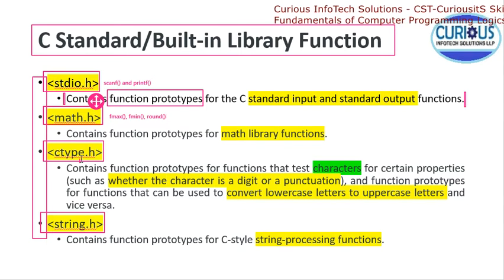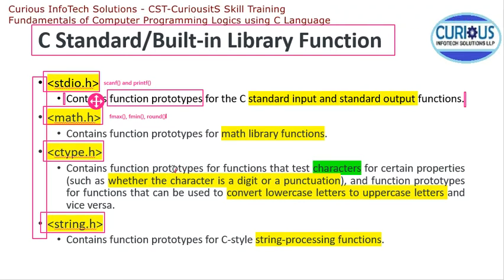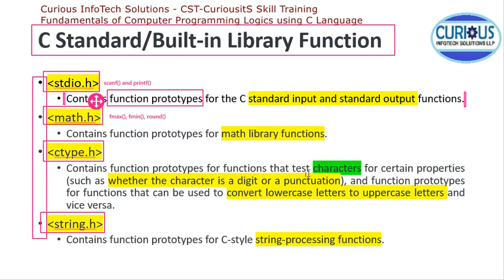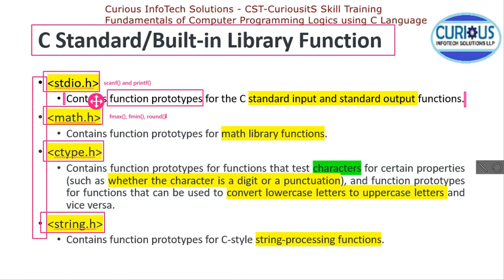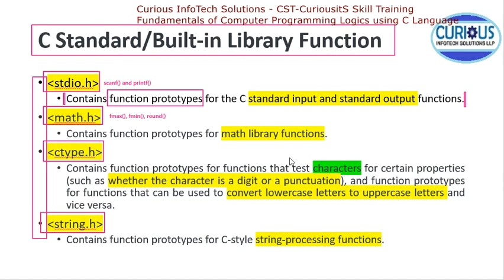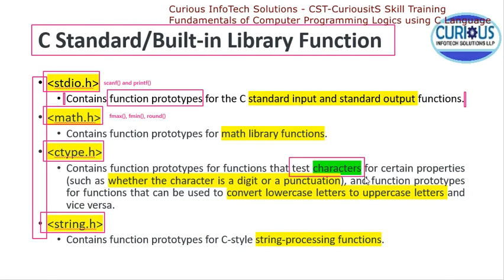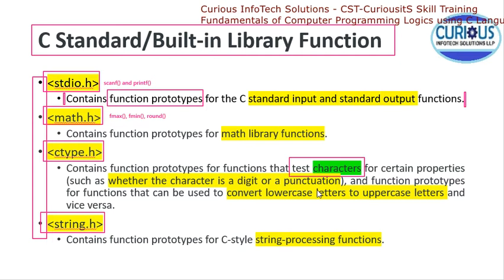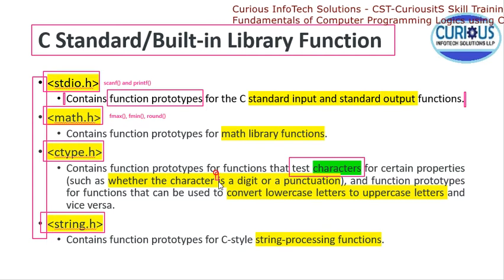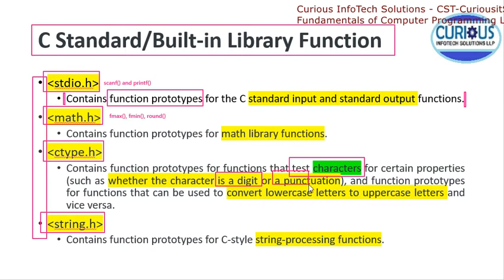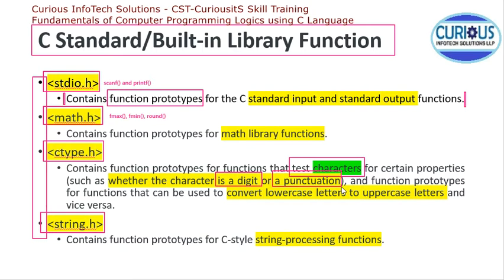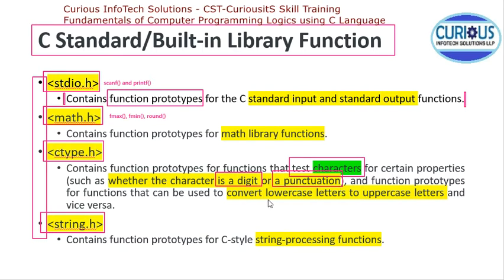Now ctype.h. ctype.h contains the function prototypes for functions that test characters. So here the key word is character. To test a character, you can easily check whether it is a digit, is a punctuation, or you want to convert cases like toupper and tolower.